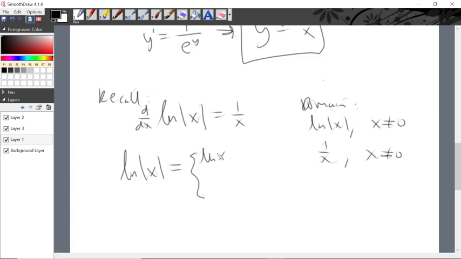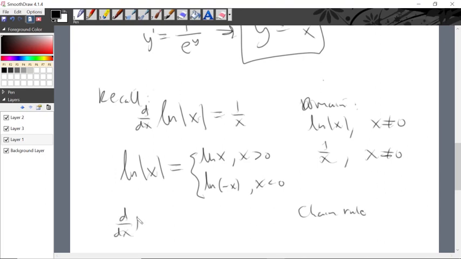We said that's equal to the natural log of x as long as x is greater than 0. But if x was less than 0, if we plugged a negative number in here, the absolute value is going to flip that over to make it the opposite sign, and then we take the natural log. And then we use the chain rule to deal with the derivative of the second part.